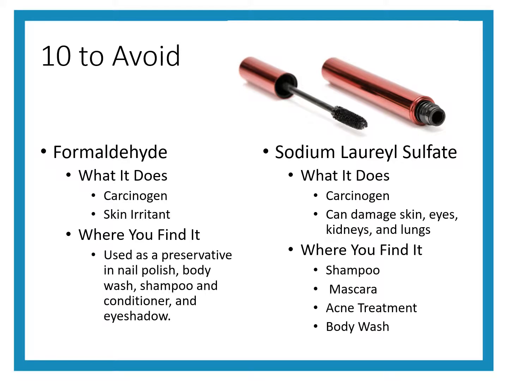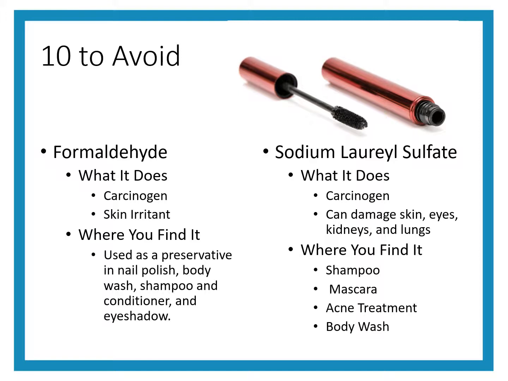All right, so the next one is formaldehyde. Formaldehyde, again, is another carcinogen. It's also another skin irritant. It's a preservative. It is used to preserve things which are no longer living. Sometimes you see it used to preserve scientific specimens of animals.